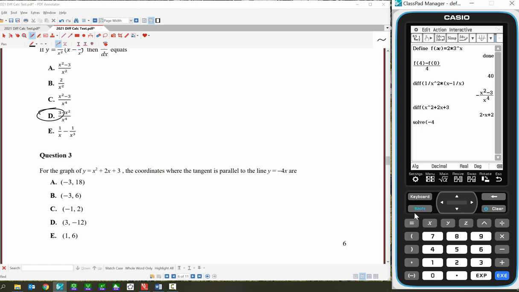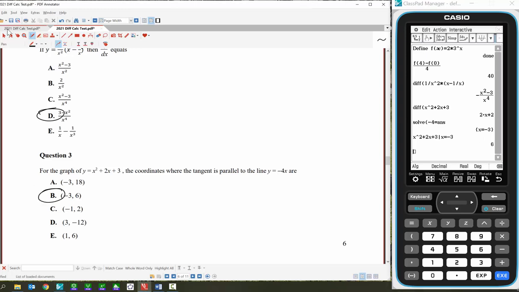So when is the gradient function equal to negative 4? What values of x? And it goes x equals negative 3. So it's one of these ones here. Then all we'll do is pop negative 3 into the original function, and it goes 6. So the answer is B.